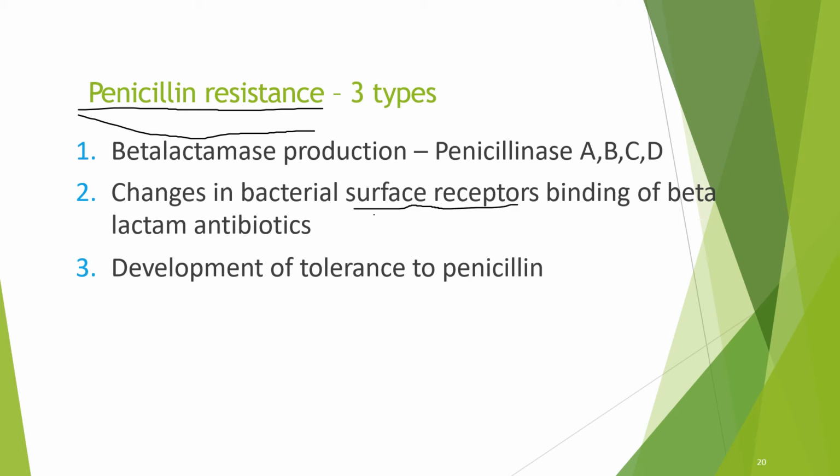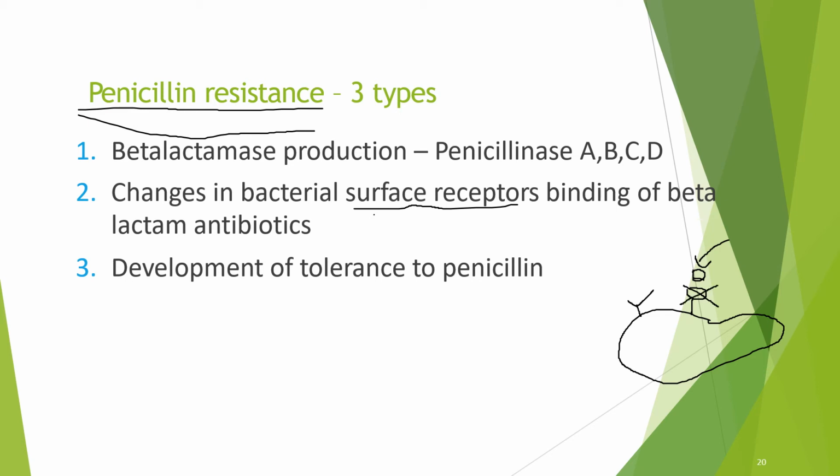So in a bacteria, in a staphylococci, consider this is staphylococci, there are so many receptors present, so many different types of receptors. One is beta lactamase, consider this one is beta lactamase receptors. What happens is when penicillin comes and attaches to this, next time they change these receptors.